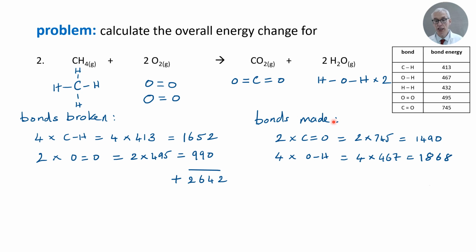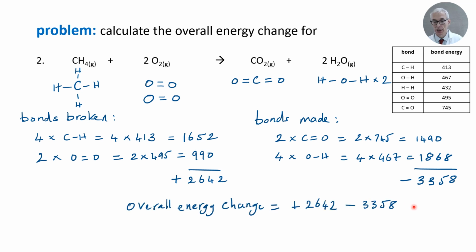The bonds made, we've got carbon double bond oxygen twice and oxygen hydrogen 4 times. Totals to 3,358 and is given a negative sign. Bonds made are given a negative energy value. The overall is achieved by adding them together, comes to minus 716.